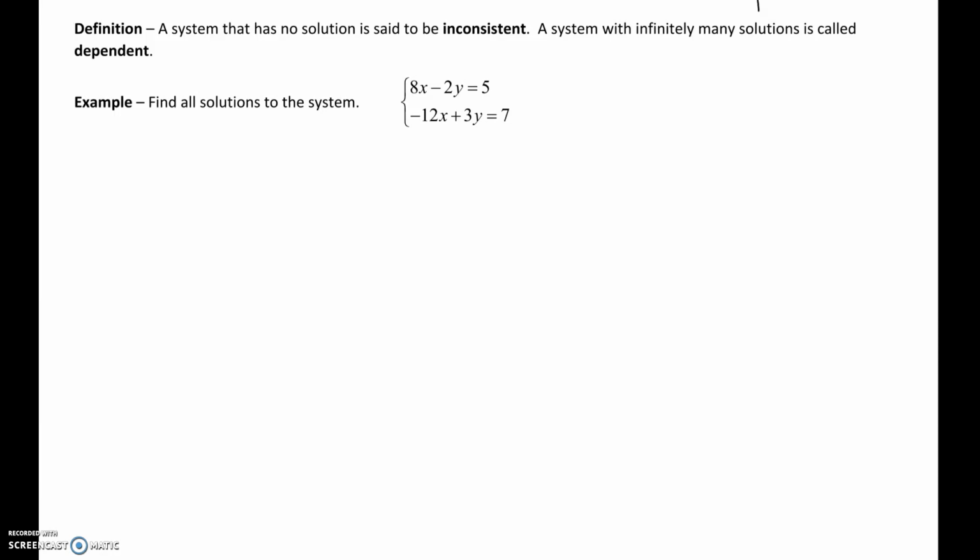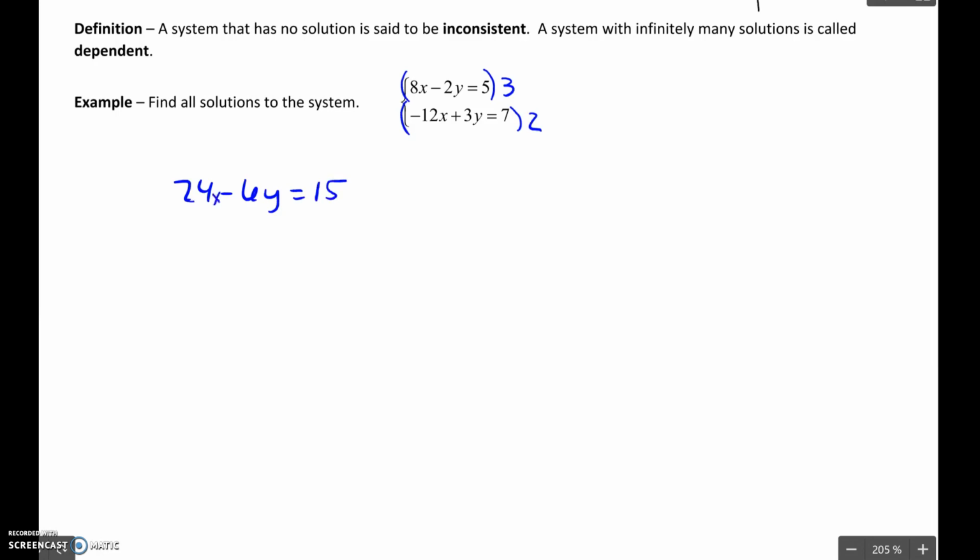So for this one, let's find our solutions to the equation. I'm going to use elimination because I like elimination, but you can use whichever. So elimination, if I multiply this one by 3, I'm going to eliminate the y's. And if I multiply this one by 2, then we can eliminate. So 8 times 3 is 24x, minus 6y equals 15.